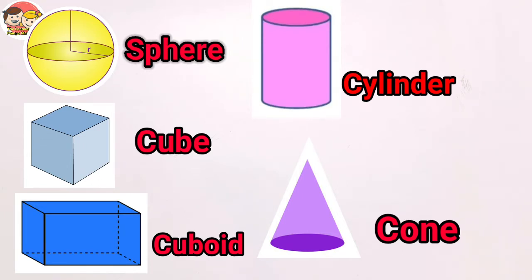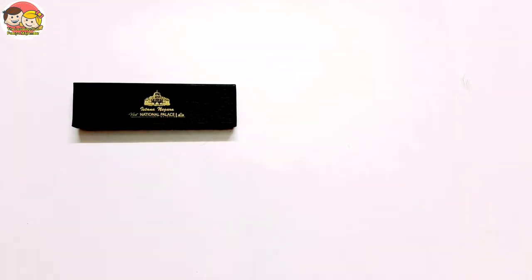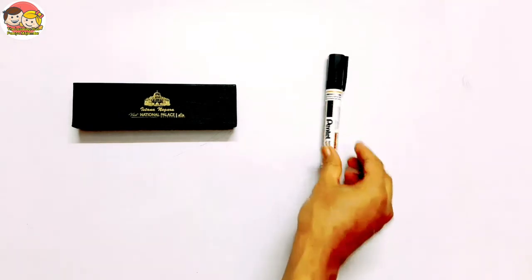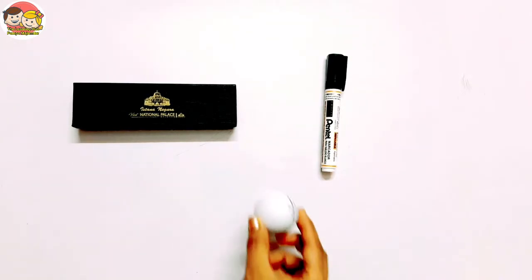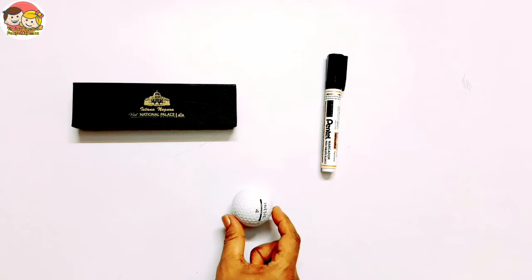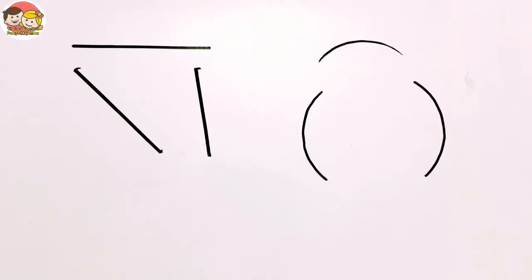We see different solid shapes in our classroom, at home, or in other places, such as box, pen, ball, book, etc. Different types of shapes can be drawn with the help of straight and curved lines.